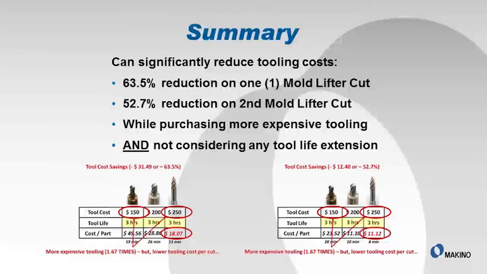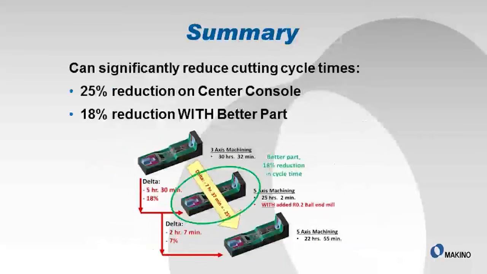We talked about reducing cutting cycle times, and again we showed on that center console part that if we made the same part, getting down to the same cutter diameter, we could basically reduce it by 25%. But we added back in some machining time in order to go in there with a 0.2 ball nose end mill.